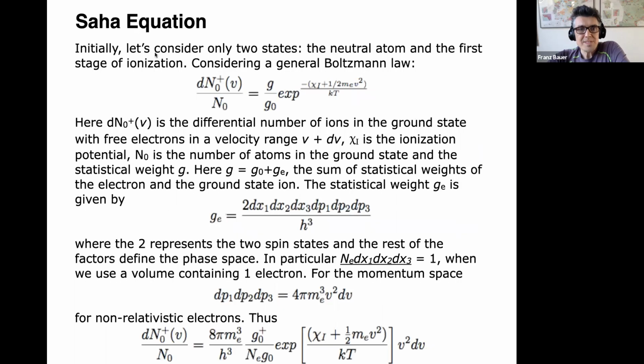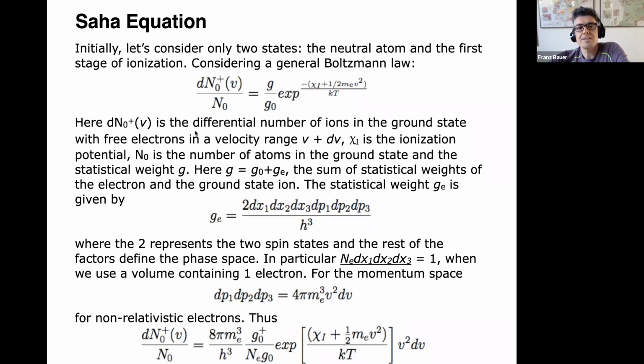So we can think about a simplified version of the Saha equation where we only have two states. We have a neutral atom and we have the first stage of ionization. And so then we can consider the Boltzmann law for this. We have the upper state.